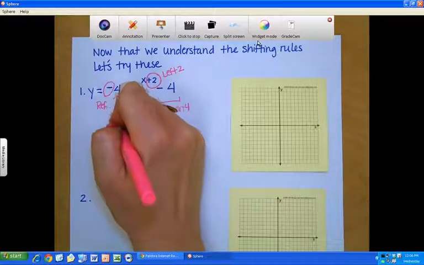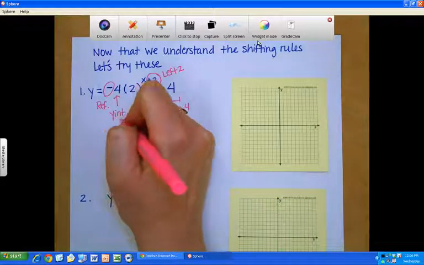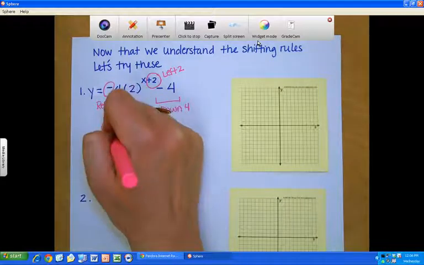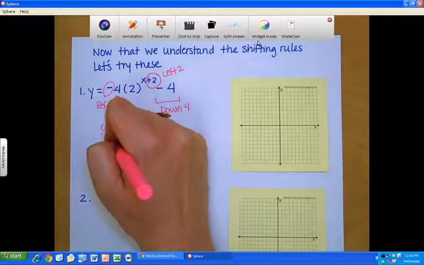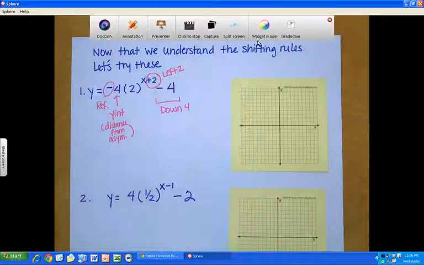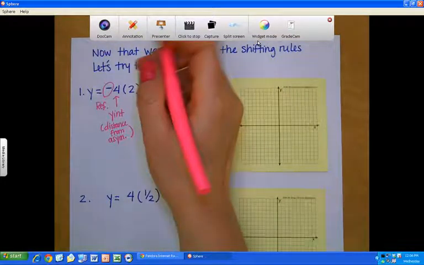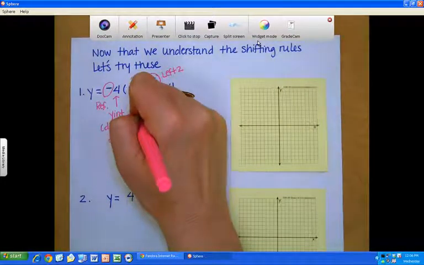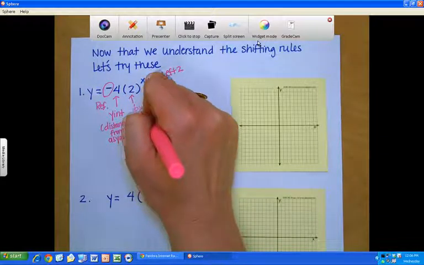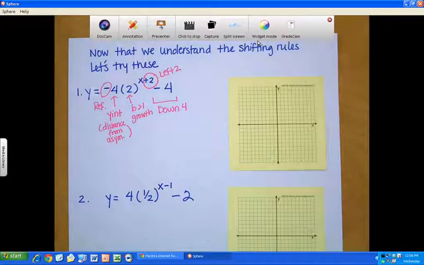This is your y-intercept, or your distance from the asymptote. That y-intercept really is the distance from the asymptote, either up or down, depending on the reflection. This is your b. Because it's greater than 1, I know it's growth. So let's go ahead and graph what we know.